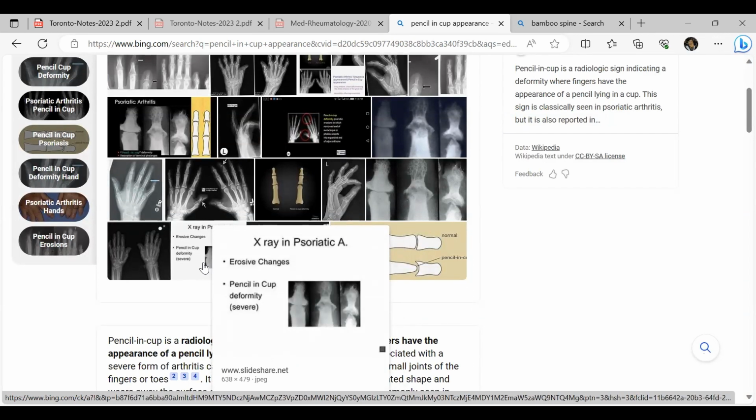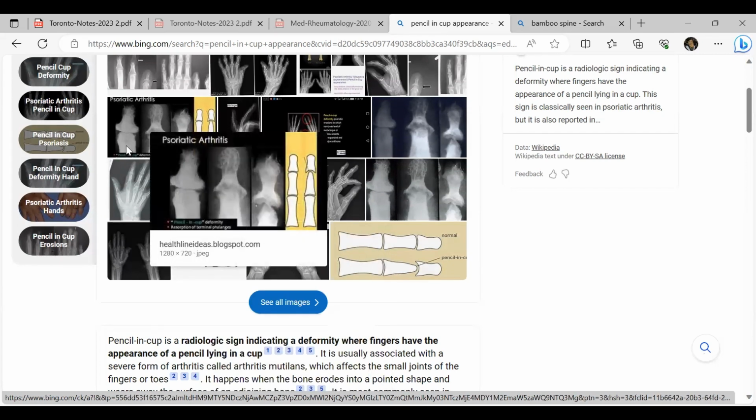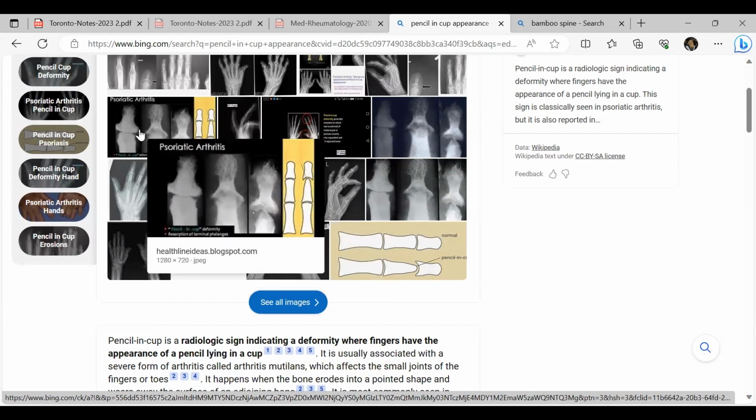Pencil in cup with deformity, and here it is severe. I can see there is something else, like a mushroom, a floating mushroom. Psoriatic disease also shows pencil in the cup.